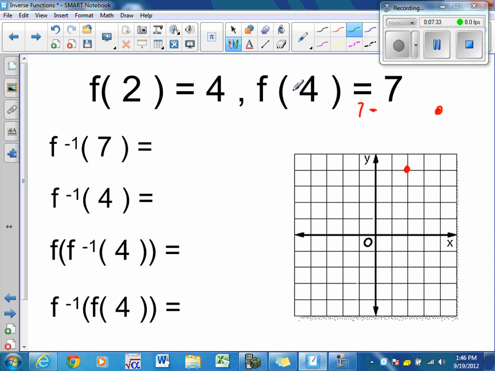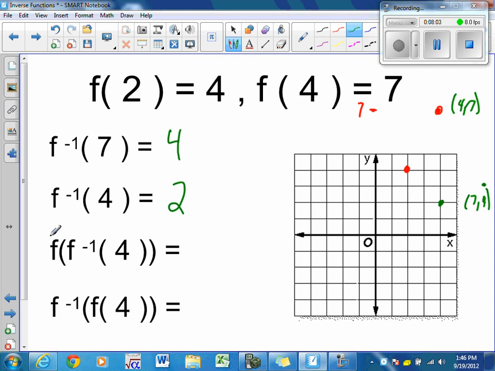So if I have (4, 7) for f, the inverse function would be 4. The x's and y's get switched. So here is the point (4, 7). My inverse would have the point (7, 4). This is the point (2, 4). My inverse would have the point (4, 2). So what's the inverse of 4? 2.